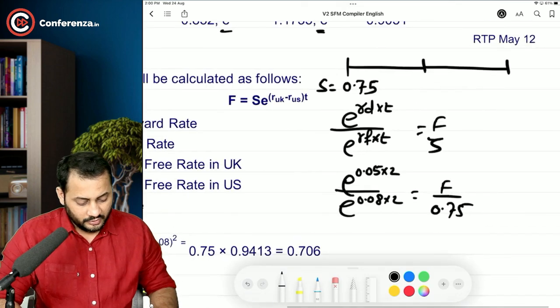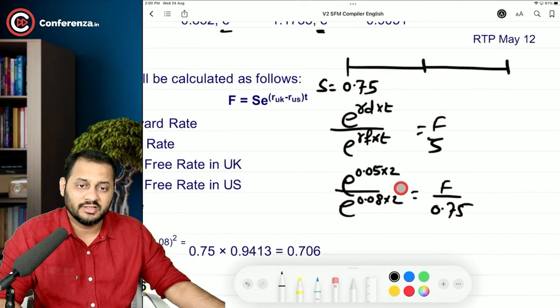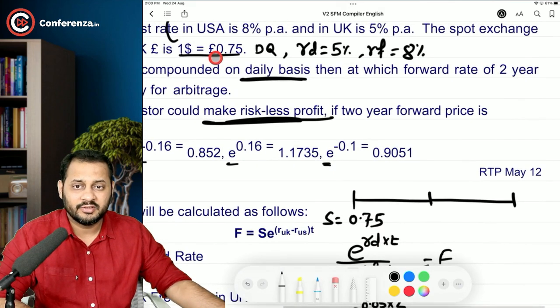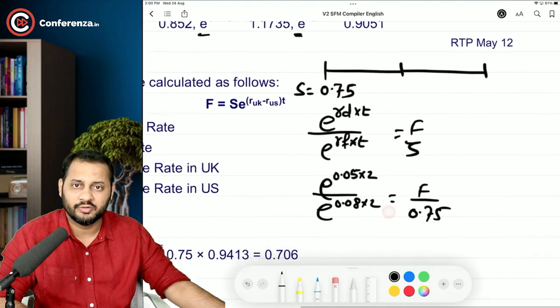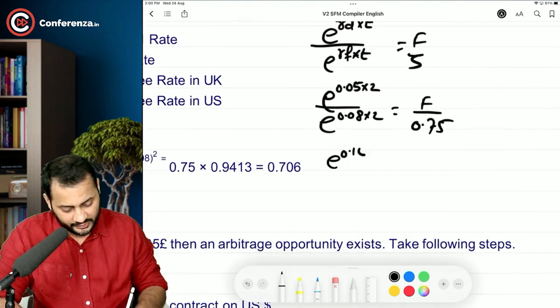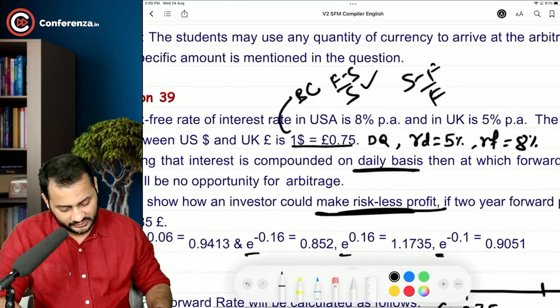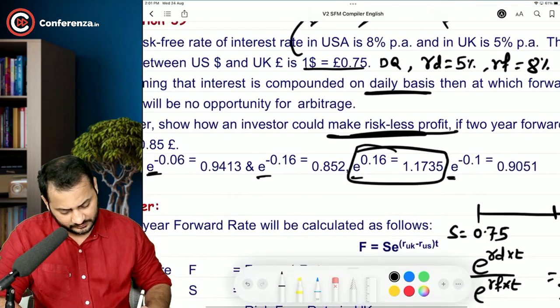Now, please make sure that the currency of this 0.75 and the currency of this 5% is same. Let's have a look. 0.75 is pound and 5% is also from UK, so it is also pound, and that means you have put the correct values. And this will be e to the power 0.10, e to the power 0.16 is equal to F divided by 0.75. So let's take the values of 0.10 and 0.16.